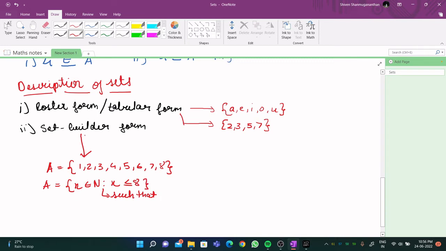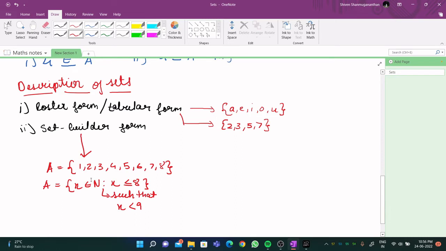Now this is the set builder form. We could have gotten away by saying x is just less than 9. That would have worked as well, but we have to include that x is a natural number. Let's imagine if we didn't say x is a natural number. We could have gotten 0 as well. We could have gotten negative numbers as well, maybe even decimals. So that is why it's important to mention that x is a natural number.